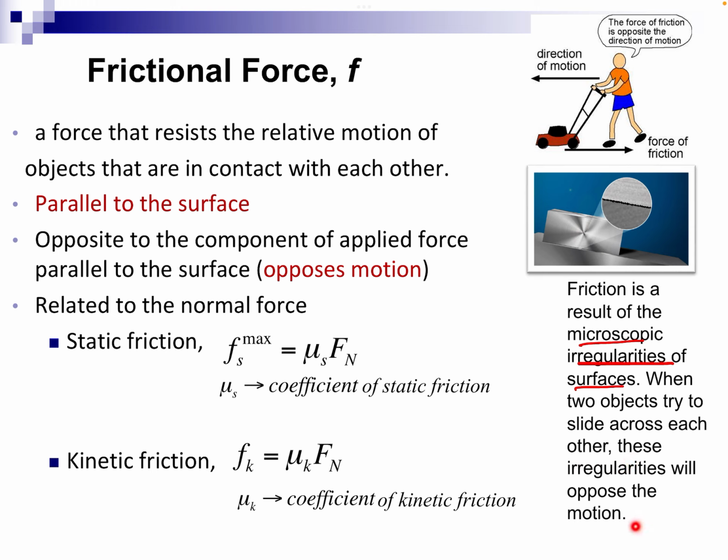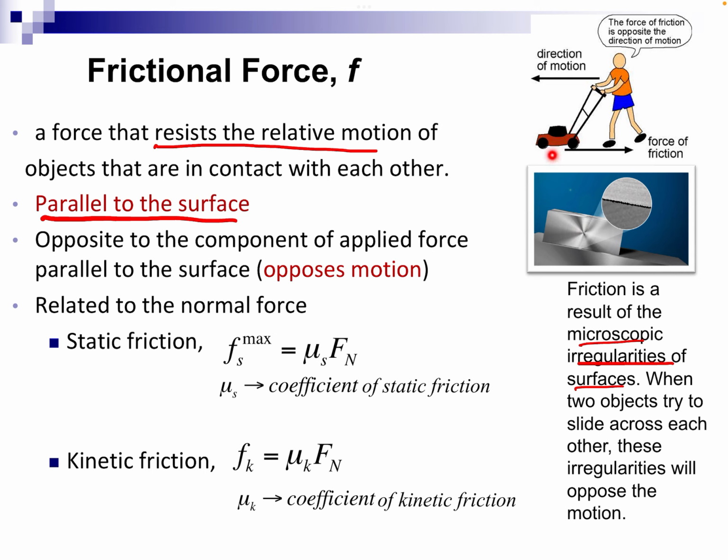So frictional force always resists the relative motion of the object. It is always parallel to the surface, okay? So for example, you have this person in this figure pushing the cart to the left.